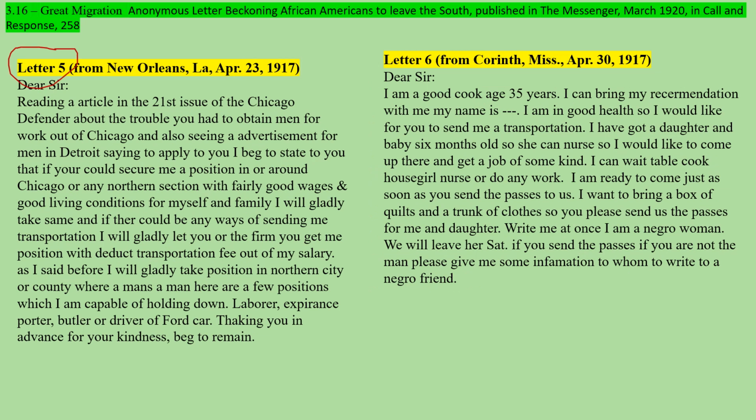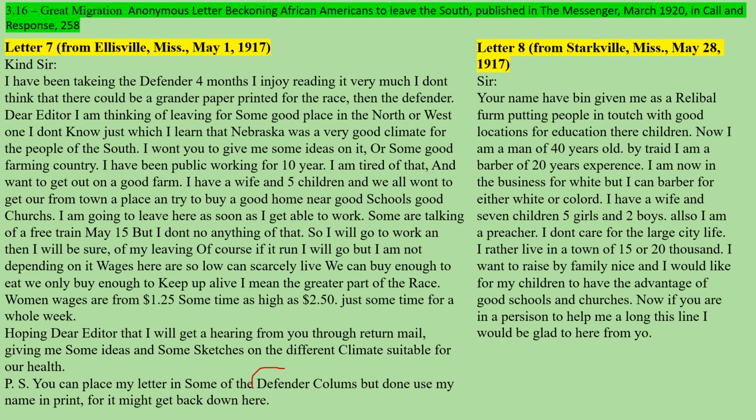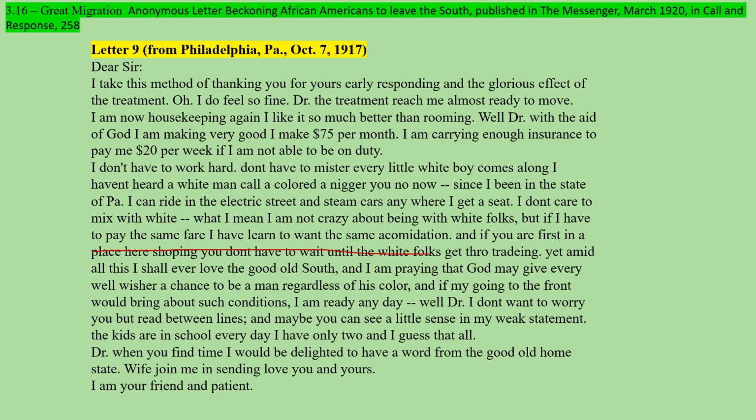As we move on to 5, we see some more financial hope. Once again, the Defender is coming up, letter 7. And then here we see that the individual is looking for education opportunity for their children. Letter 9, we see more hope that things are going to be better.